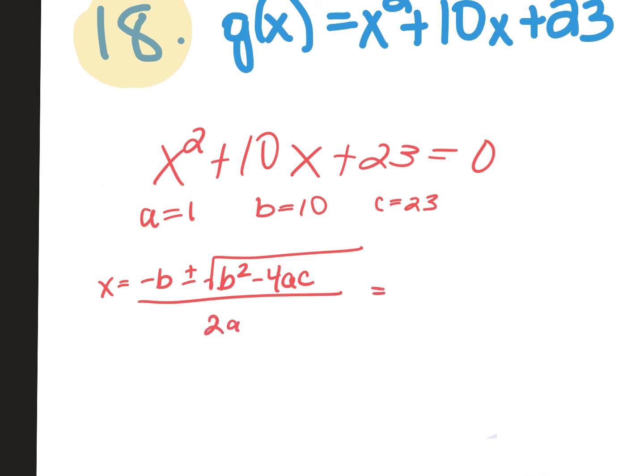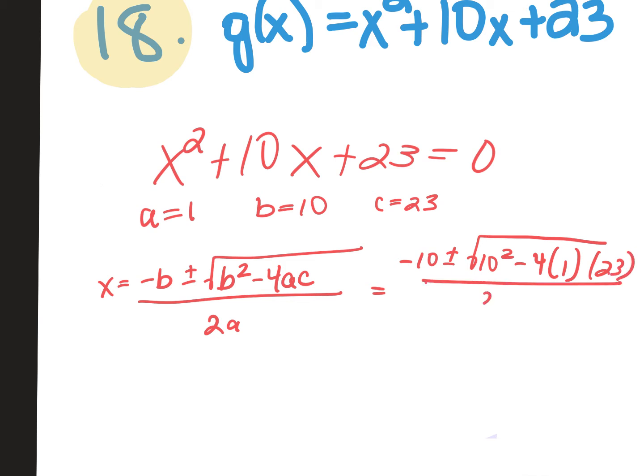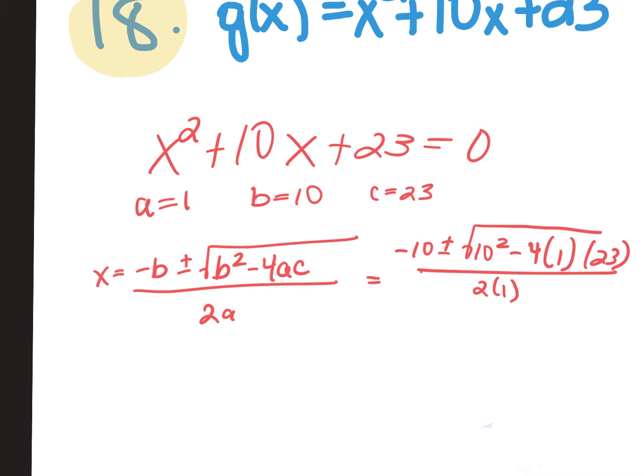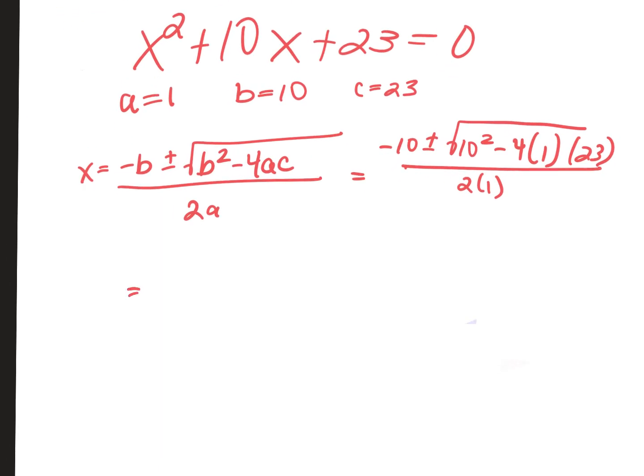So let's fill in. I have negative 10 plus or minus the square root of 10 squared minus 4 times 1 times 23. And I divide that by 2 times 1. Questions? Okay, let's just simplify. Negative 10 plus or minus the square root of, what is 10 squared? 100.